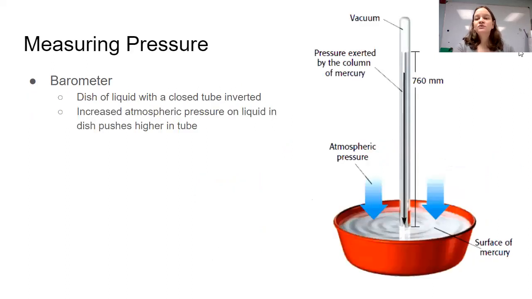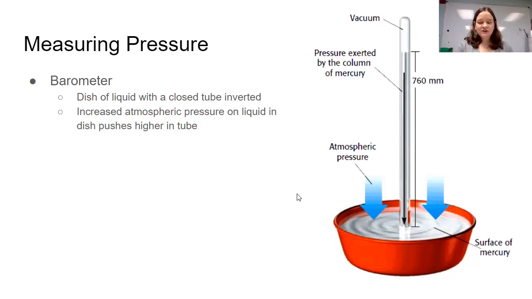We have 2 different tools that we can use to measure pressure. If you've ever listened to the weather report on the news, they'll talk about the barometric pressure. This is how we can measure the pressure of the atmosphere, and that tells us a lot about the weather.